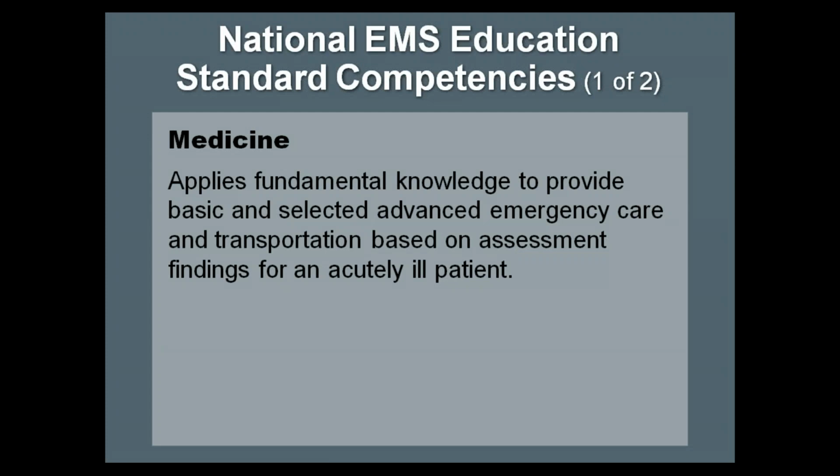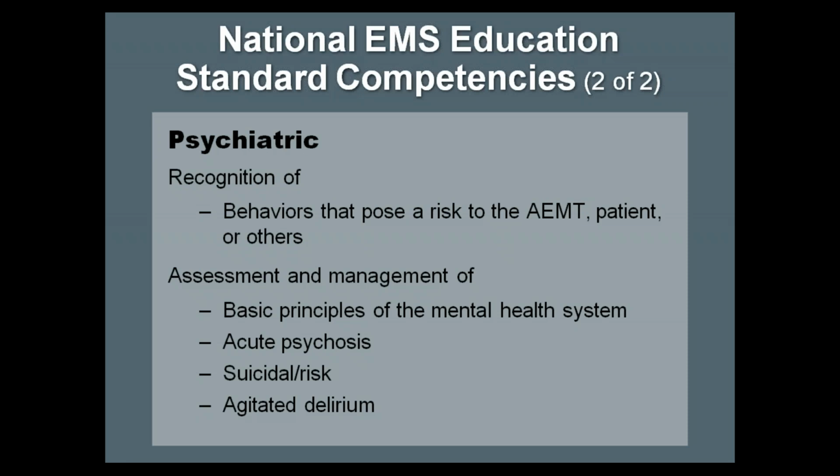So the National EMS Education Standard Competencies, medicine. It applies fundamental knowledge to provide basic and selected advanced emergency care and assessment findings for an acutely ill patient. These are just kind of like the set standards. So the set medicine, and now we're into psychiatric.